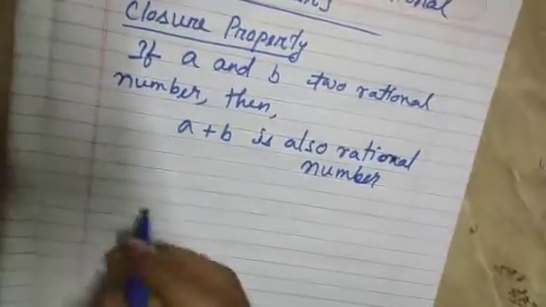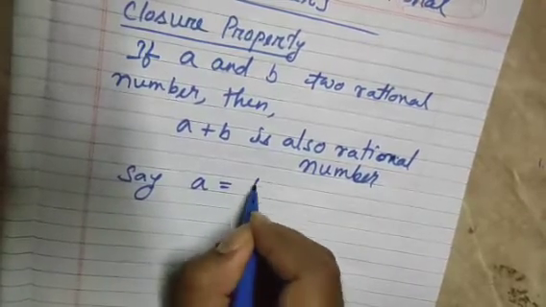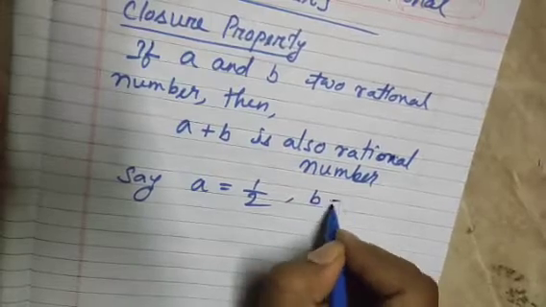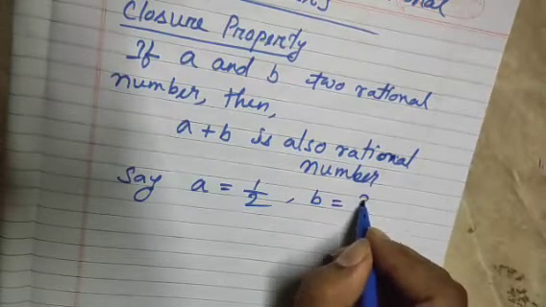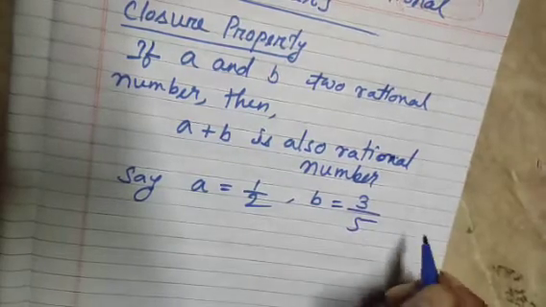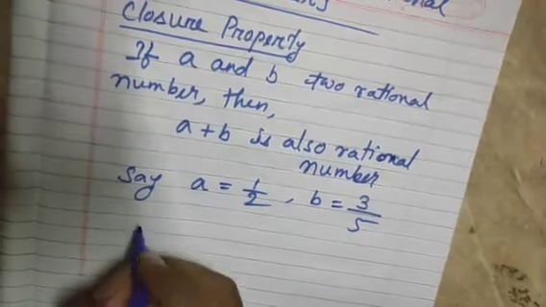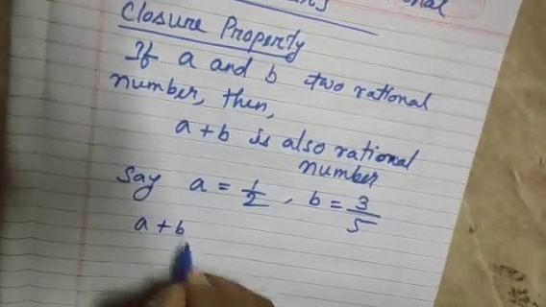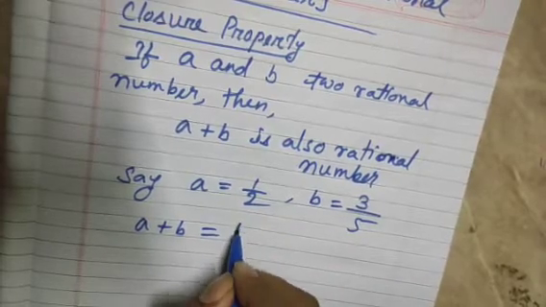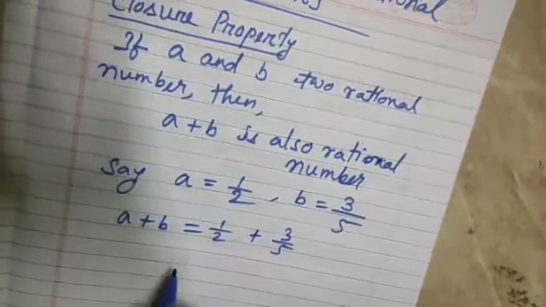For this we can take an example, say a equal to 1 by 2, and b equal to, suppose, 3 by 5. Clearly a and b both are rational numbers. Now a plus b, that means 1 by 2 plus 3 by 5. What will you get?